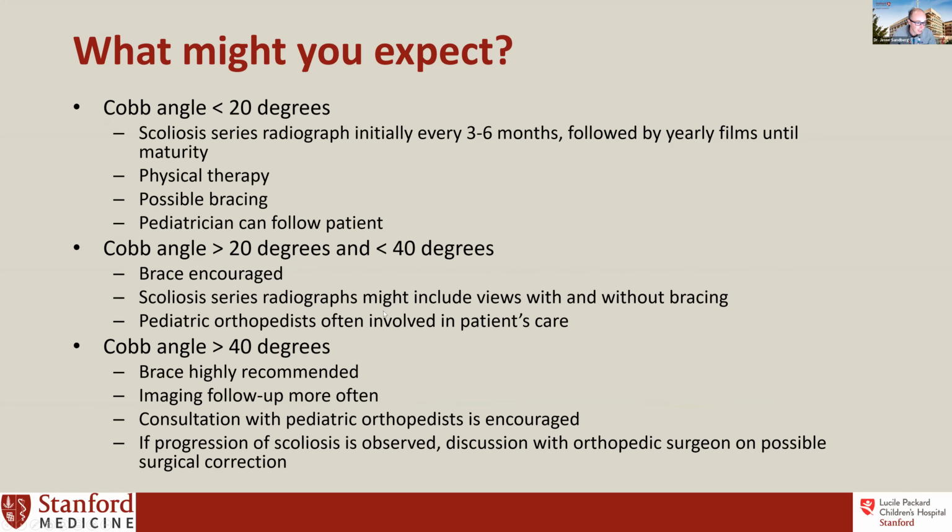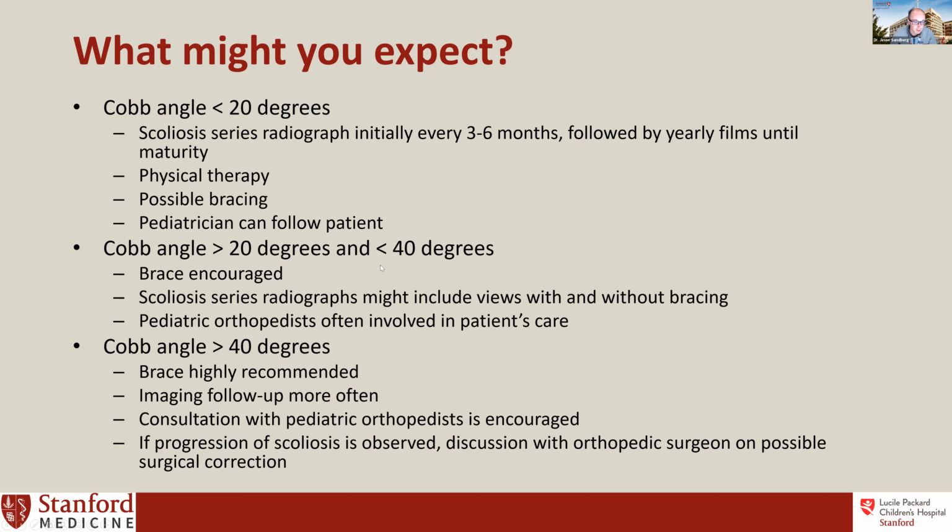These are just some general guidelines I put in here in terms of what you might expect based on the Cobb angle. So, if they have a mild scoliosis, they'll get followed with radiography, sometimes every 3 to 6 months, sometimes actually just yearly. And then they might suggest physical therapy, possible bracing. And at some places, if it's just a small scoliosis, the pediatrician will just follow these patients.